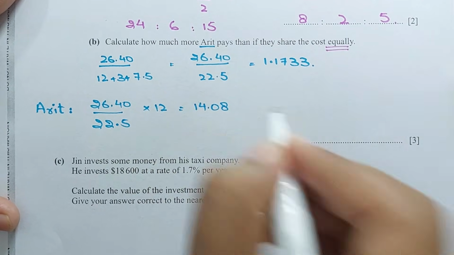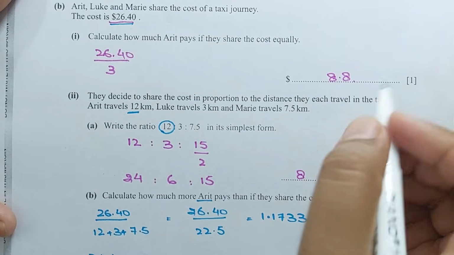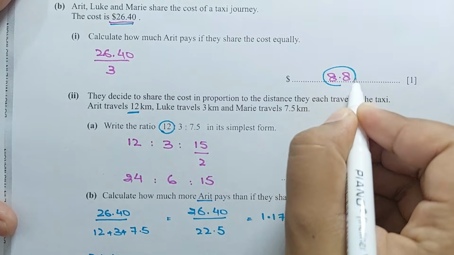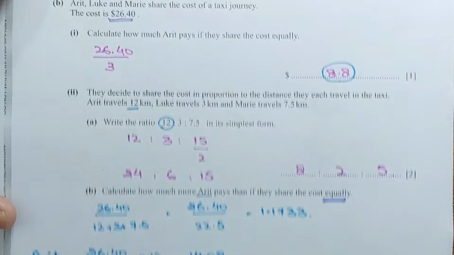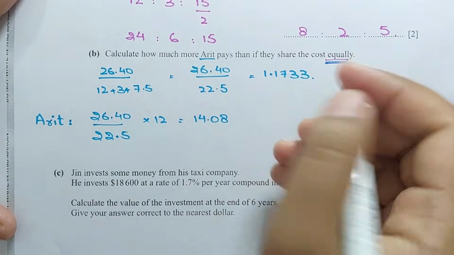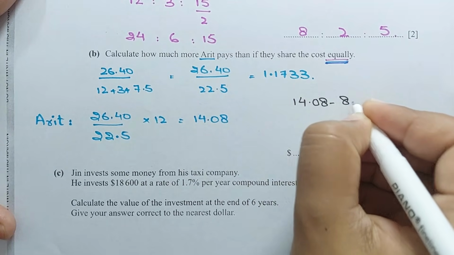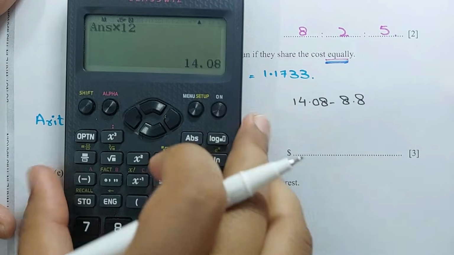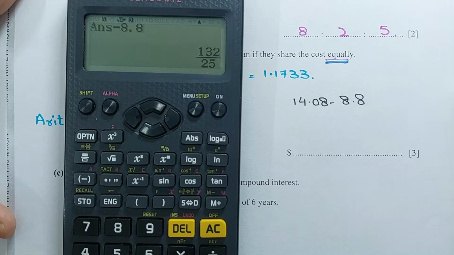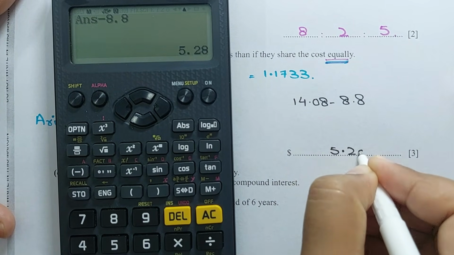This much he has to pay. When they share equally, everyone pays $8.80. So from 14.08 subtract the equal share 8.8, which is $5.28.